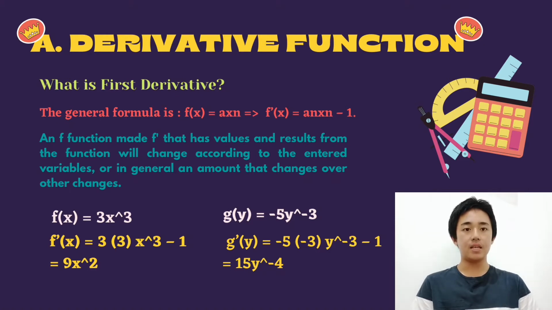That leaves us with 15y, and remember the power negative 3 we minus with 1, so it leaves us with negative 4, because negative 3 minus 1 is still negative. So the answer is 15y to the power of negative 4.